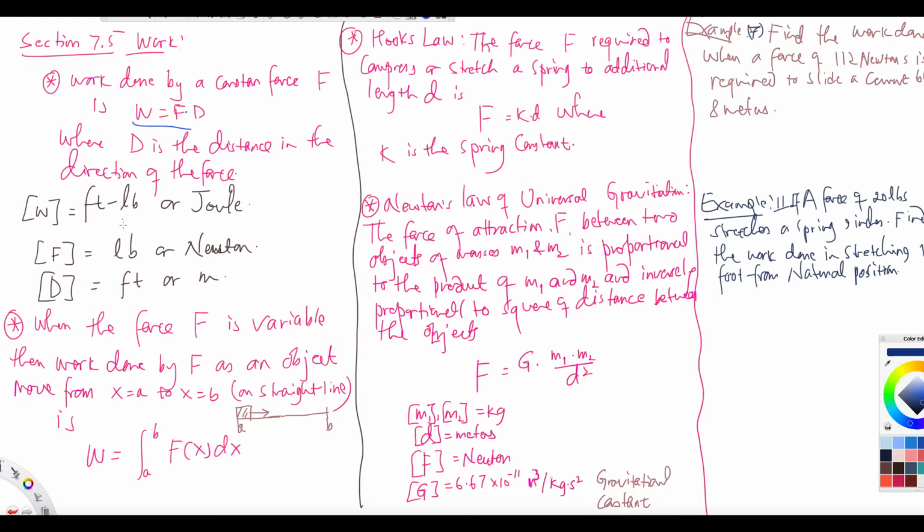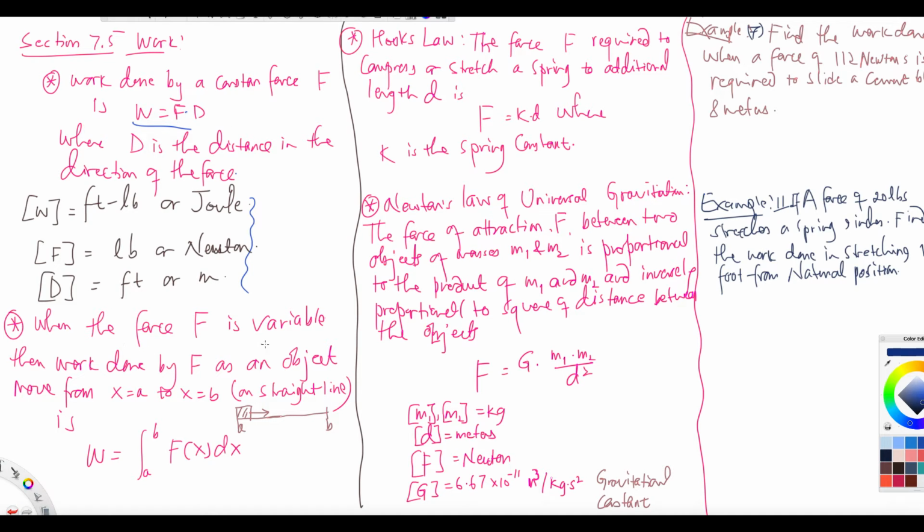The first units for each of these variables are the US units, and the second units are the international units for W, F and D. So if the force is constant, then the formula is W equals F times D.